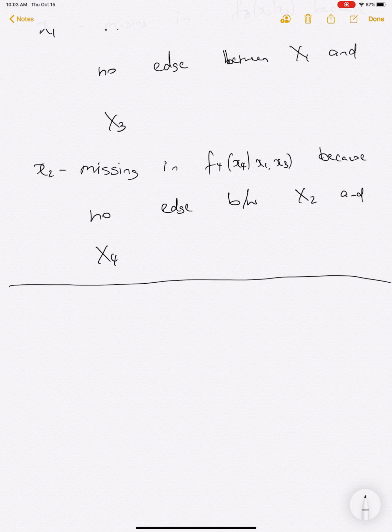Now let's do things in terms of conditional independence and dependence.